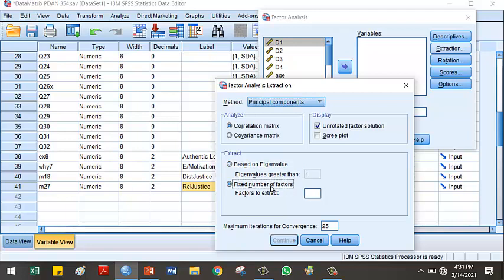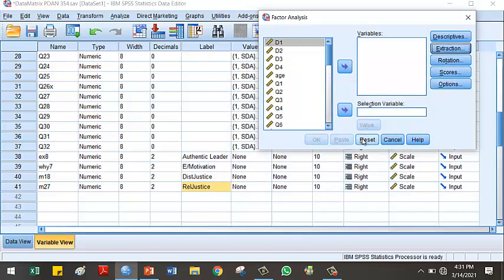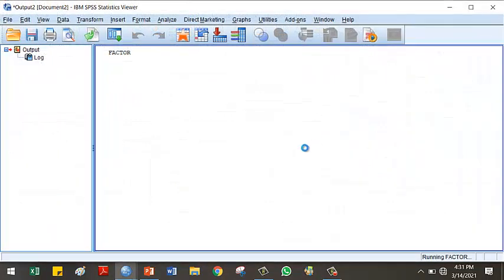A fixed number of factors means that we are asking for one factor from the questions we shall hand over. 1, continue, and now we shall give the questions. As we discussed in the last video, there are 4 variables with 32 questions. Each variable has 8 questions. So questions 1 to 8 will be taken into the variables column, and OK.